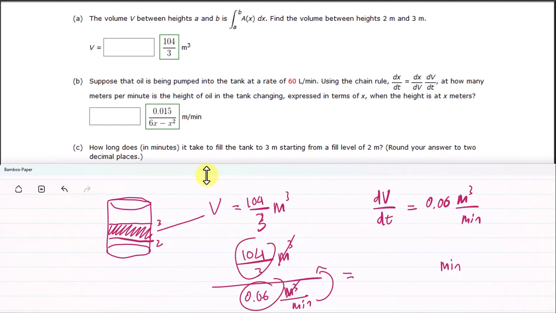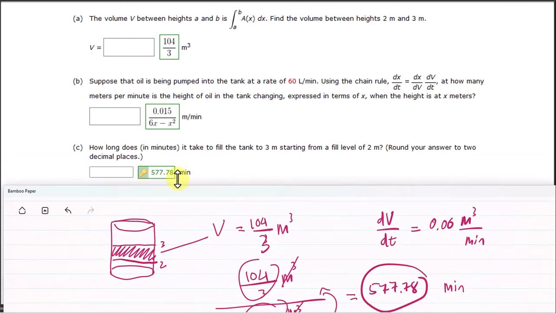So 104 over 3 divided by 0.06 gives me 577.78 minutes. So it will take about 578 minutes to fill the tank from 2 to 3 meters, and the rate of change of the volume is constant at 0.06 cubic meters per minute.